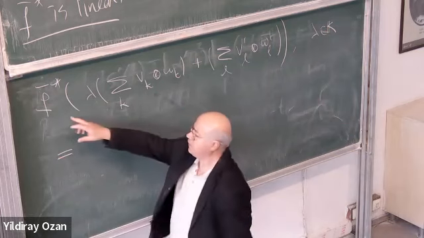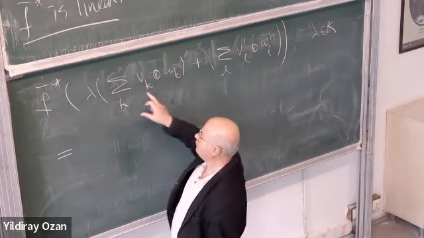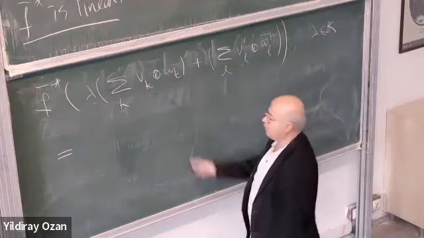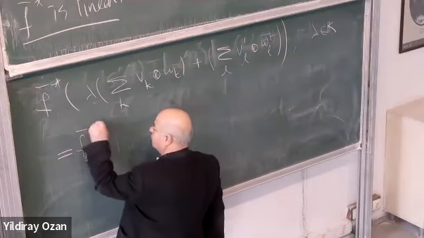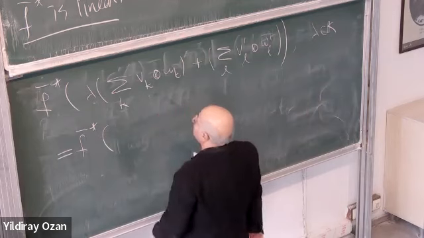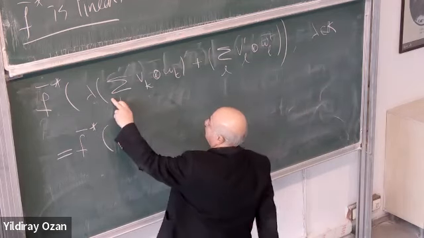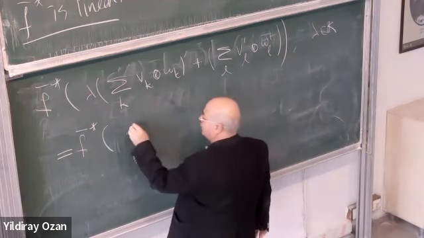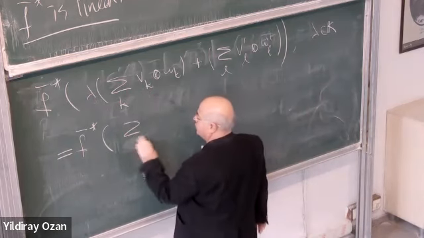So this is like lambda times the sum over k of v k cross w k plus the other sum. Well, this lambda comes inside and we get this.